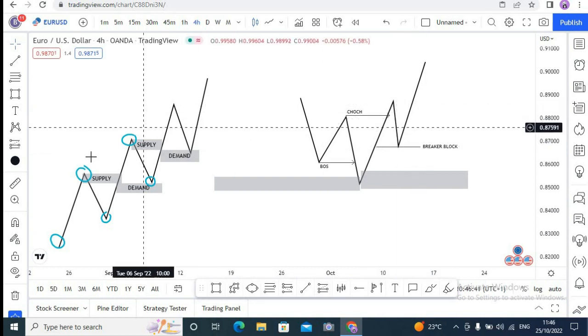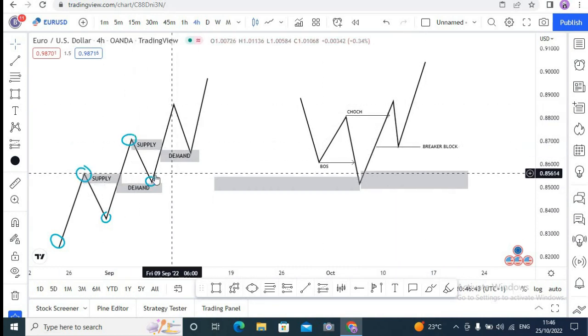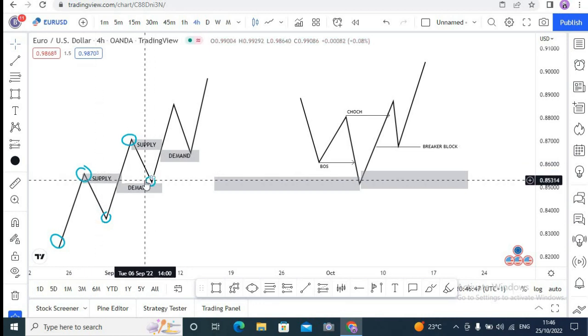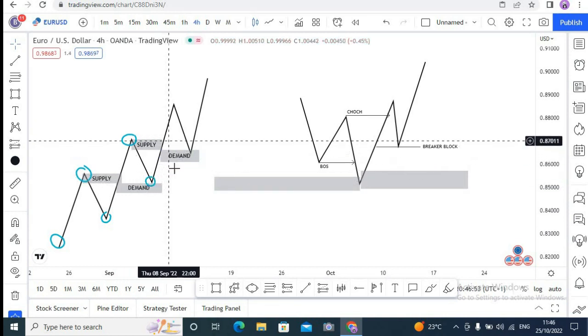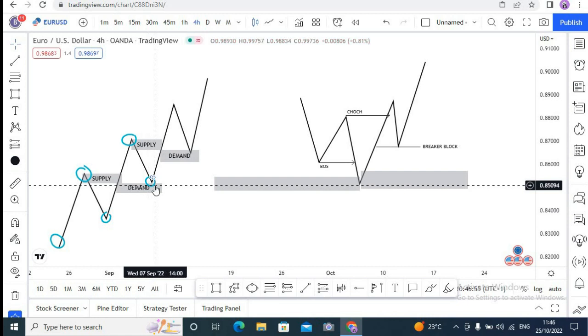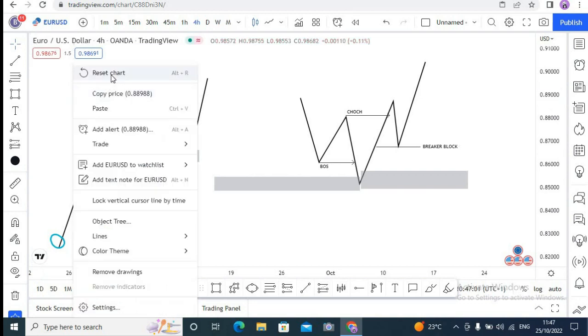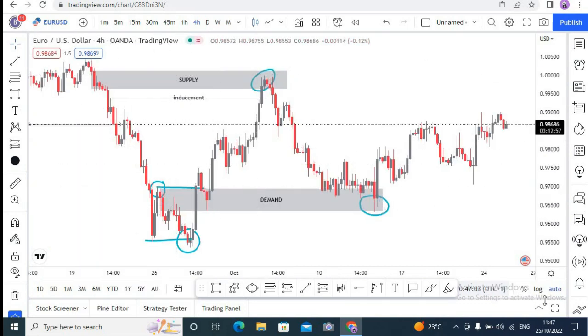As I said, whenever price is going to the upside, this breaker block level is where the price will create a new swing point. So if they come back again, this swing low will now be used as the liquidity zone area. So let's go back to the chart and let me give you some examples.